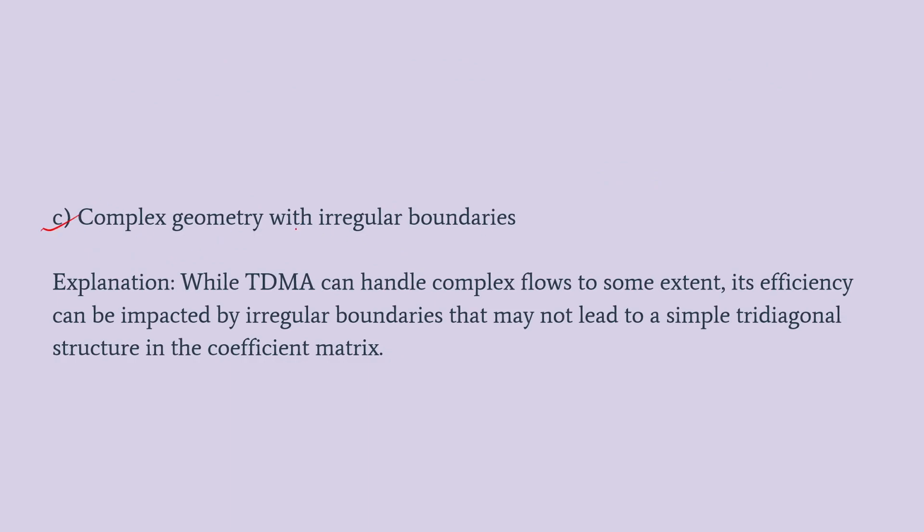We have already said that while discretizing, the boundary values get embedded in the linearized equations. But when it comes to complex geometry with irregular boundaries, it won't directly result in a tridiagonal matrix. We have to make it a tridiagonal matrix. So that is another added computational difficulty when complex geometry with irregular boundaries is being solved with the TDMA method.